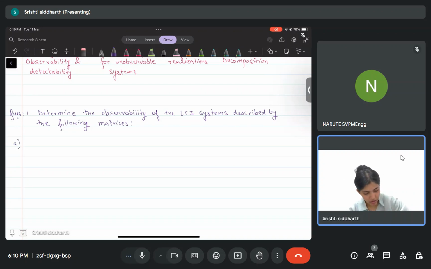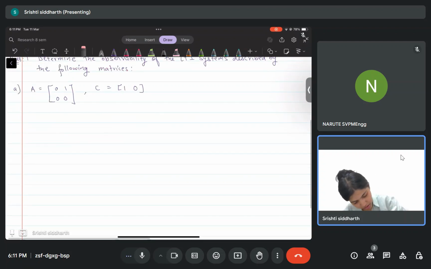For part A, the A matrix is 0, 1, 0, 0, and C is 1, 0. So for observability, we just need A and C. We don't need the matrix B or D.